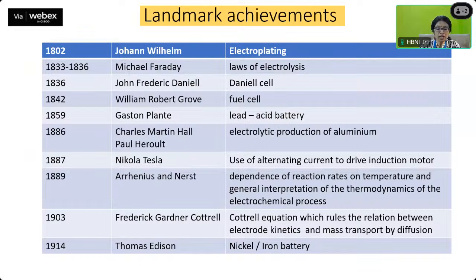In 1903, Cottrell came up with the Cottrell equation, which relates electrokinetics and mass transport by diffusion. And in 1914, Thomas Edison came up with the nickel-iron battery. These are the landmark achievements of the first half of the 20th century which we should know about.